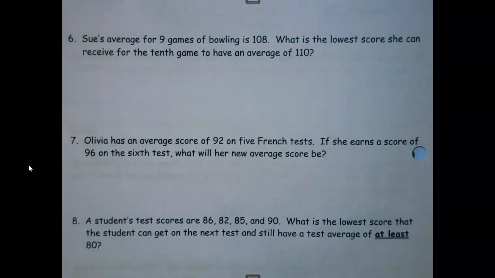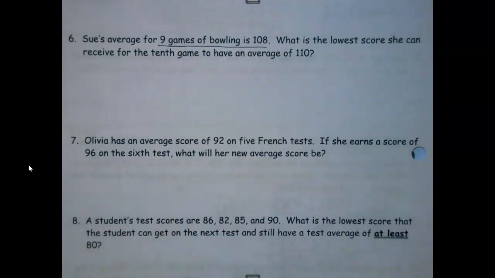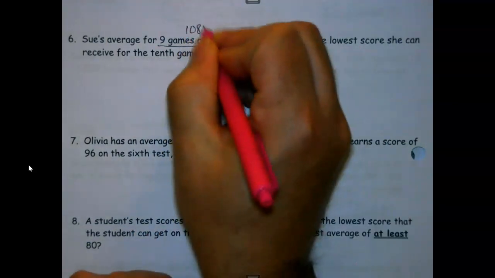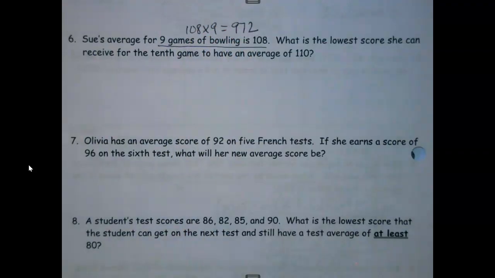Now, do I really want to write out 108 plus 108 plus 108, and so on, plus x? No. If she got, and I know that average is here, I can just multiply those together.